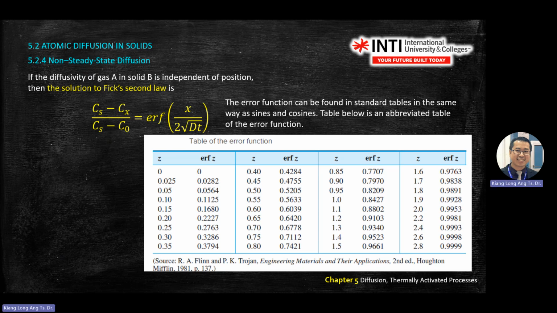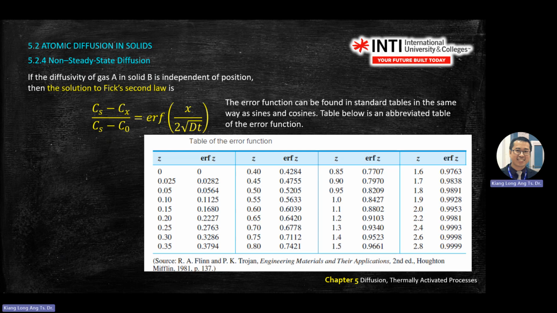Okay, now there are two ways of applying this one. Sometimes you calculate the z first, then you calculate the ERF. What is z? ERF z. Can you compare this one with the equation? What is your z?